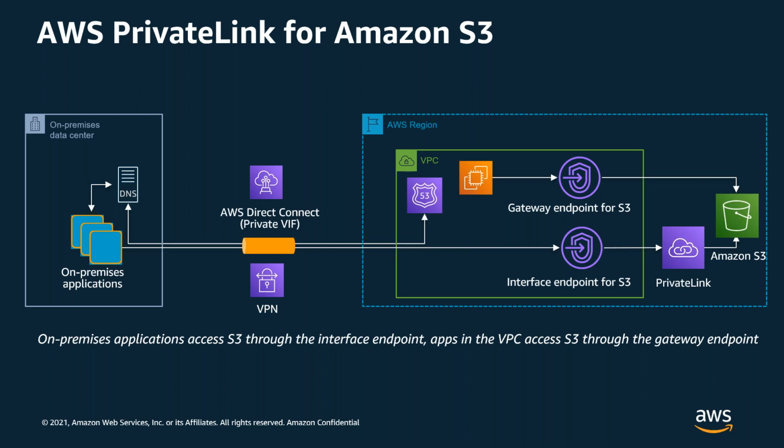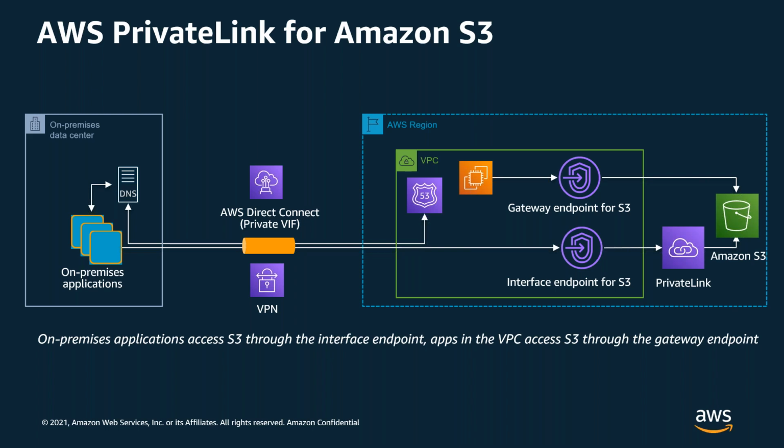One thing to keep in mind is another difference between the gateway endpoint and the interface endpoint: the gateway endpoint is absolutely free. There's no charge for using that. Whereas for the interface endpoint, I talked about a network load balancer, the charges are going to be kind of similar to a network load balancer. Depending on how many AZs you have the interface endpoint deployed in, there's going to be an hourly charge for that.